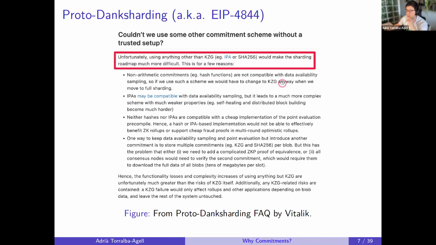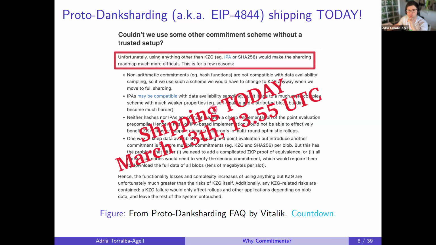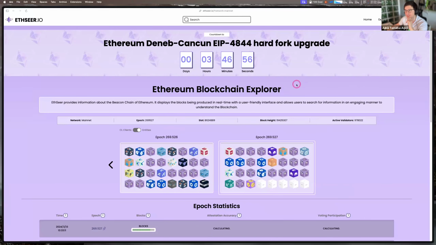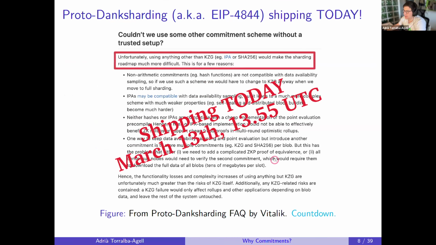And here it says that, well, unfortunately, using anything other than KZG would make the proto-danksharding roadmap much more difficult. And this is really interesting because this thing is shipping today. Actually, it is shipping in less than 4 hours. So what a better time to learn KZG, okay?